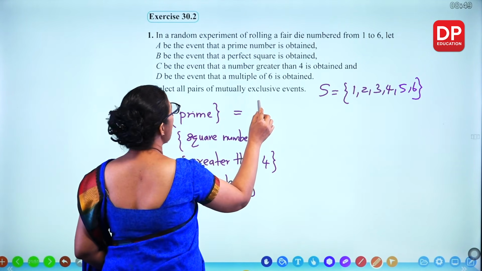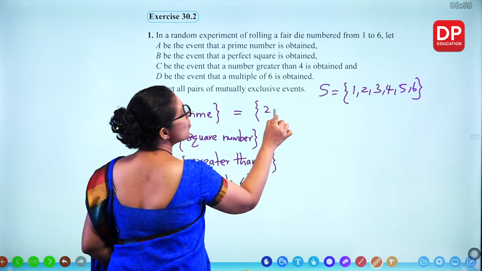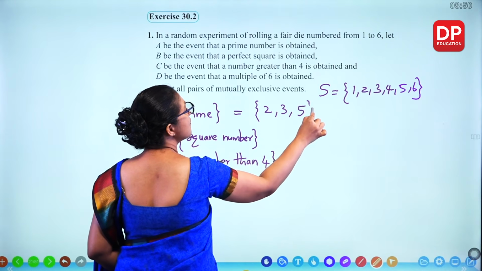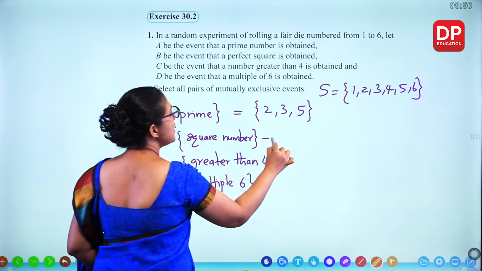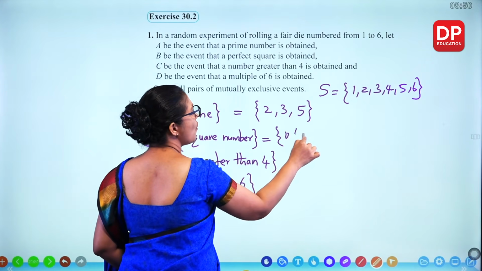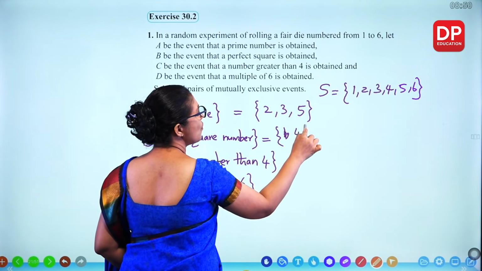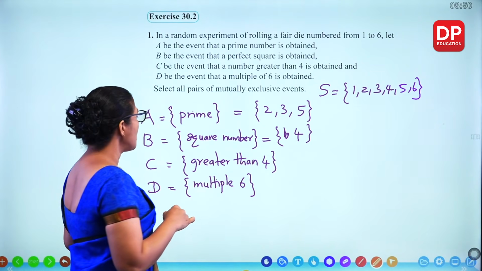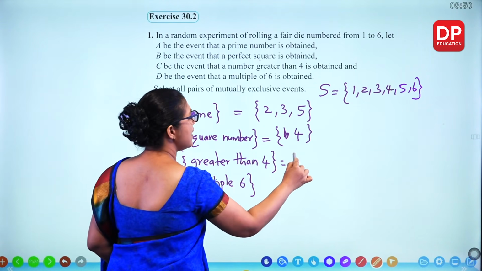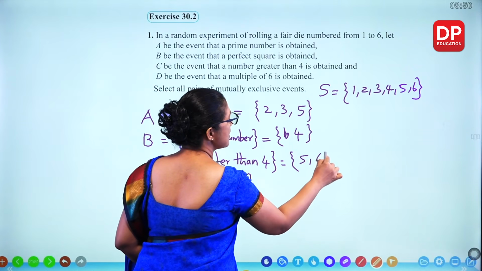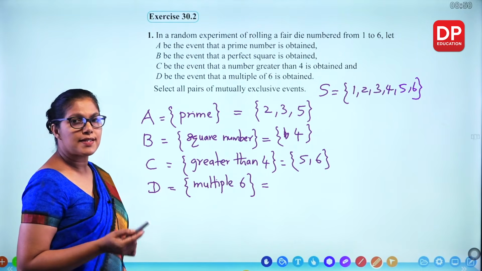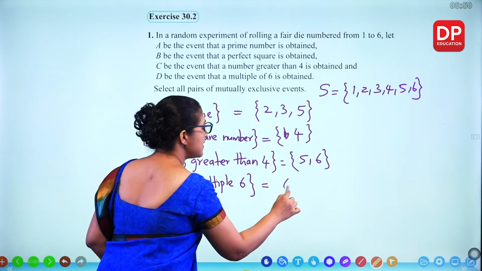So what are the prime numbers? 2, 3 and 5. Square numbers: 1 squared is 1, 2 squared is 4. So 1 and 4. Greater than 4 means 4 is not included: 5 and 6. And multiples of 6: 6, 12, like that. So only 6 is there.